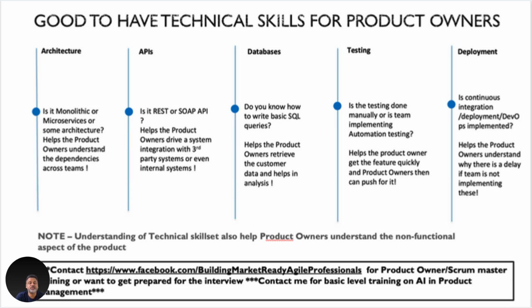Go figure it out. The third skill that I would really love to know if I am a product owner is databases. Databases is where all the information is stored. There is certain information you persist, certain information you don't persist. But if you persist certain data in your database, then how can you retrieve that data?